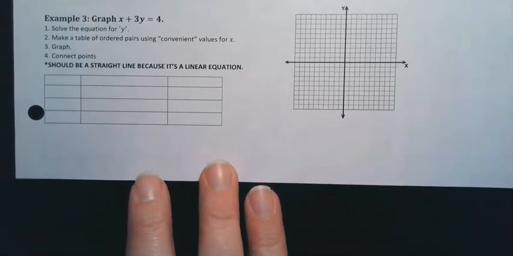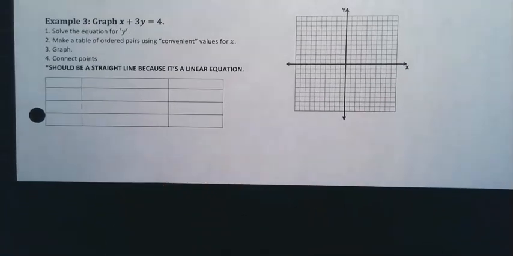All right, example 3. We're going to graph x plus 3y equals 4. Now you could solve it this way, but it's going to take you more work, and maybe that would be good for me to show you.